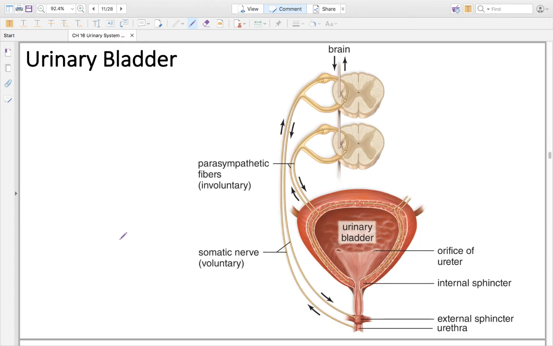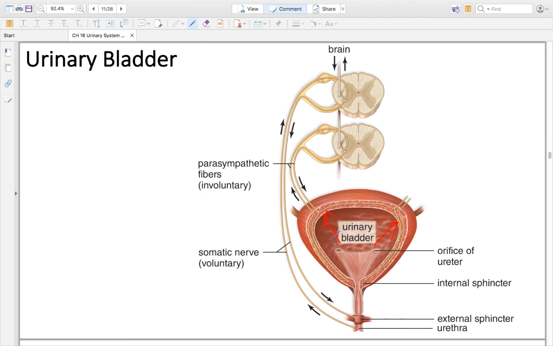All right, here we go. This is actually very interesting. Now, when there's urine in the urinary bladder, at some point it's going to trigger stretch receptors because it will stretch, right? And as soon as that happens, the nervous system will get involved.